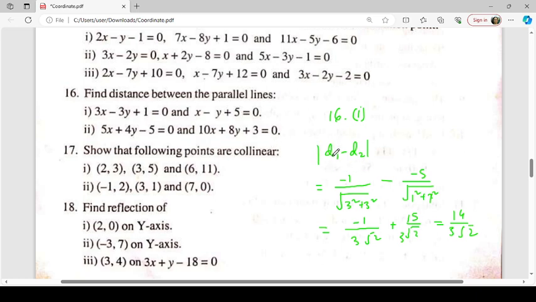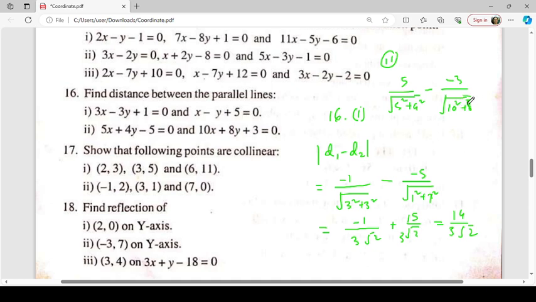So we find our distance d1 from the origin using the formula. Here you see it is 5 by root over 5 square plus 4 square, minus 3 by root over 10 square plus 8 square.